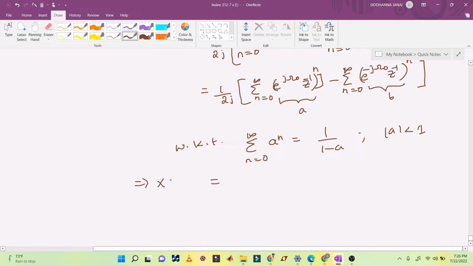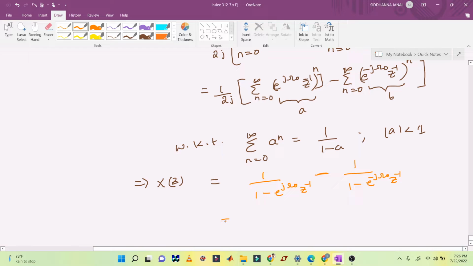That is, x of z is equal to 1 divided by 1 minus e to the power j omega naught z inverse, minus 1 divided by 1 minus e to the power minus j omega naught z inverse.